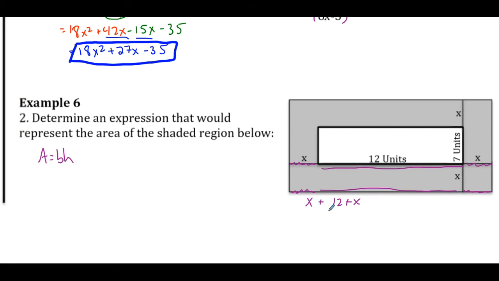So x plus 12 plus x, which of course if I combine like terms is 2x plus 12. All right, so the base is going to be 2x plus 12.